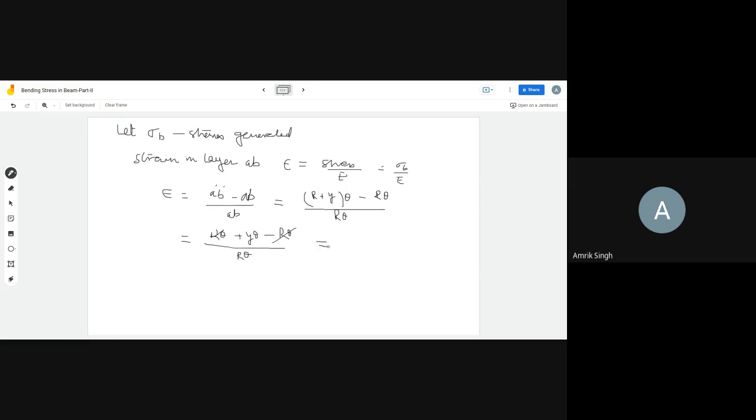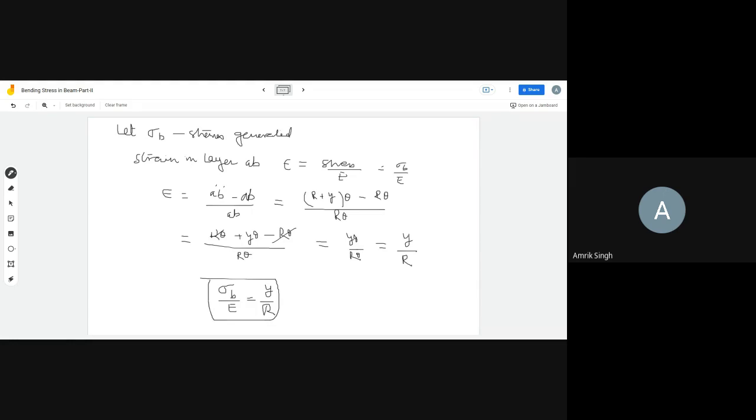So this will be equal to Y theta upon R theta, and this will be Y upon R. So that means sigma B upon E will be equal to Y upon R. So one part of the equation is proved.